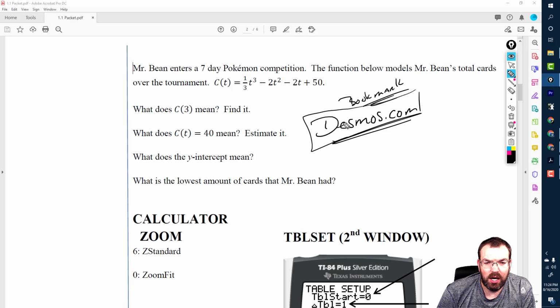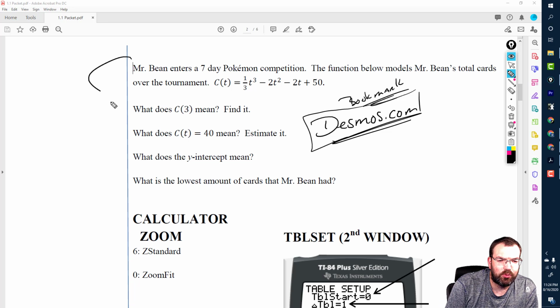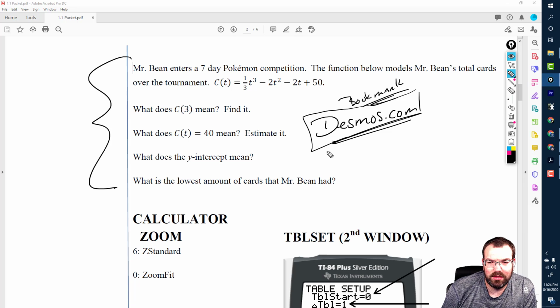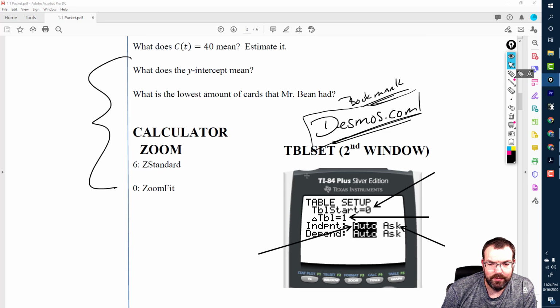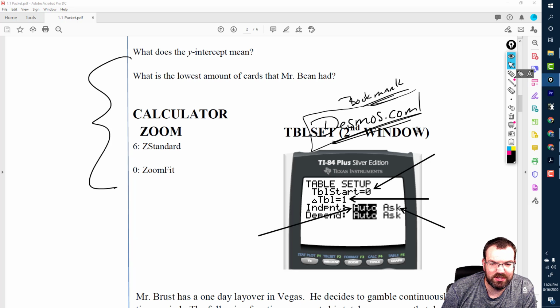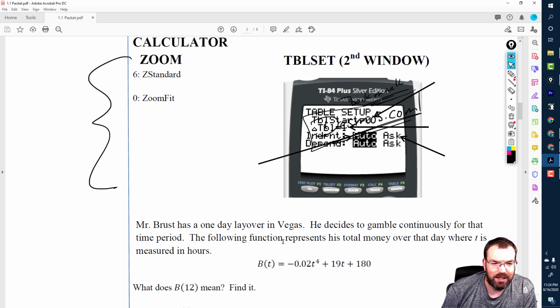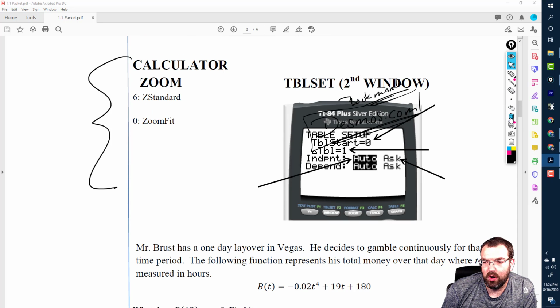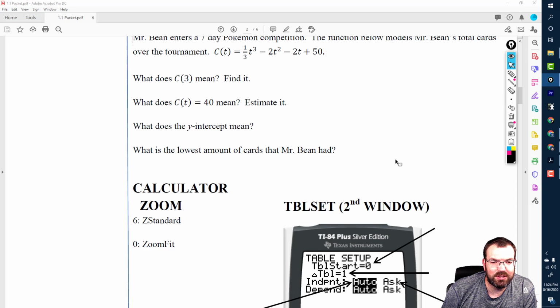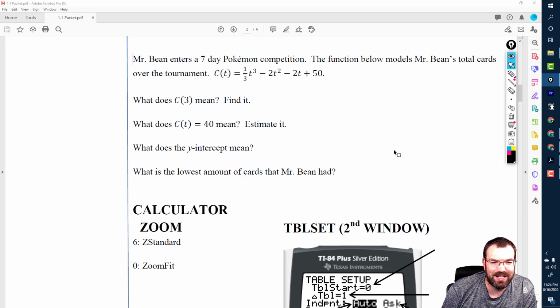So what we're going to do is work on this particular problem here. I don't care about the table set and the calculator zoom because that doesn't matter with Desmos. We're going to work on this problem here in Desmos as well. So let's go to desmos.com.